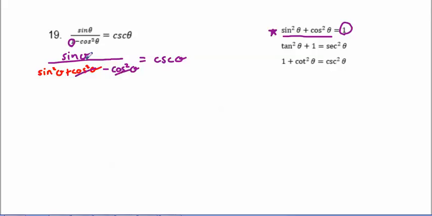So now I have sine theta over sine squared theta. You can write that sine squared theta as sine theta times sine theta.